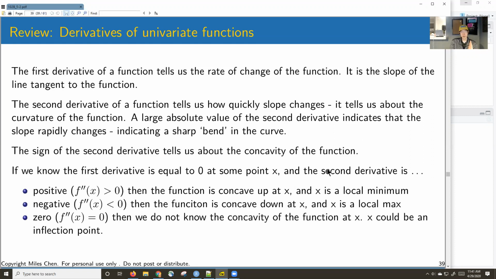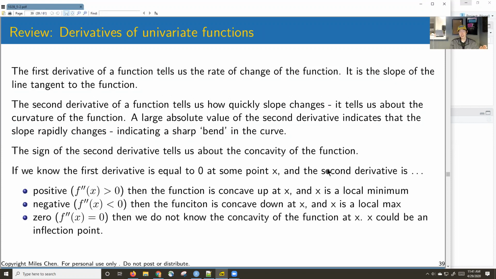That means in one moment you have a very high positive slope, and then very quickly it changes to a high negative slope. That would indicate a large second derivative. If you go from high positive to very negative slope, it changed rapidly, which means the second derivative is very high.